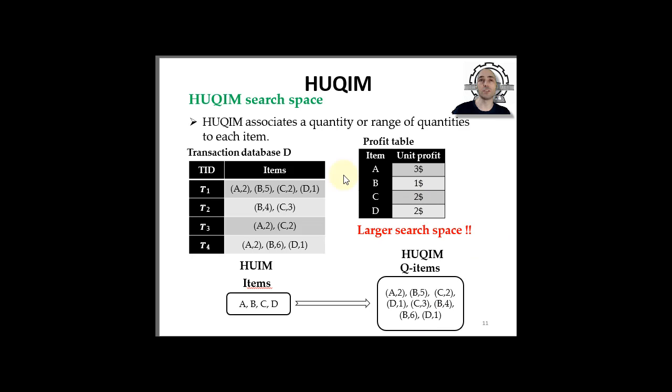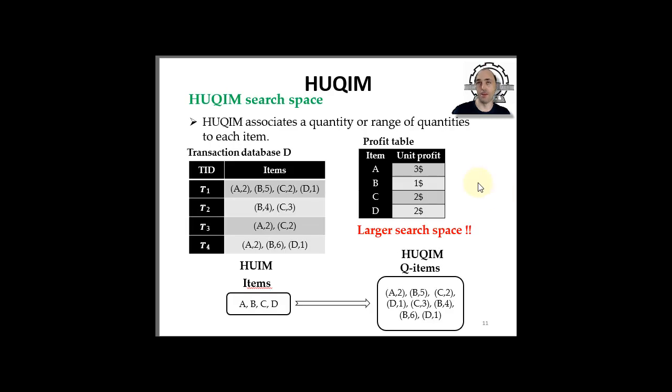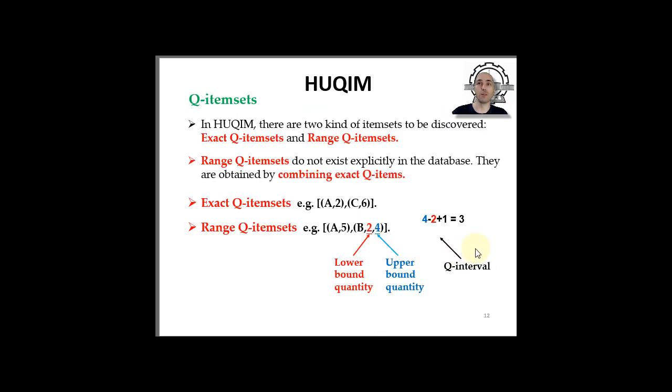So to do this, we design a new algorithm we call CHUQI-Miner. I will skip the details, but the main idea is we look for a single item that makes a lot of money, then we try to combine them recursively until we find all the patterns.